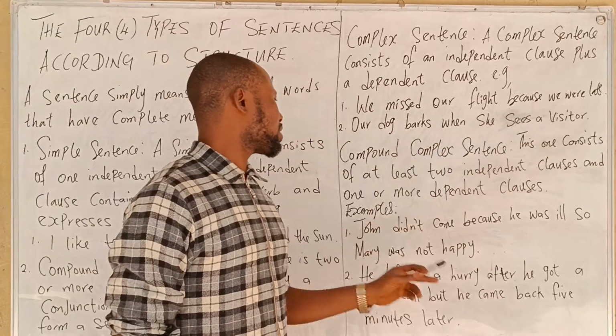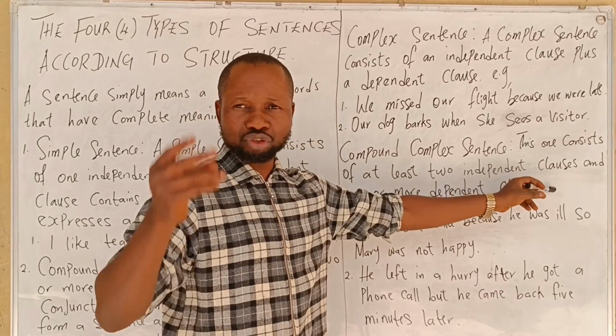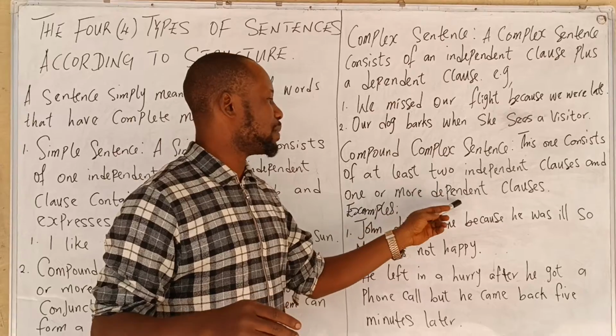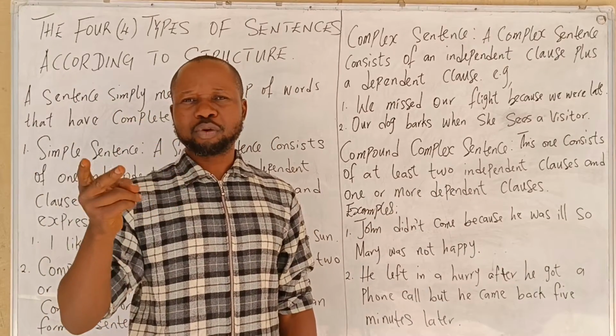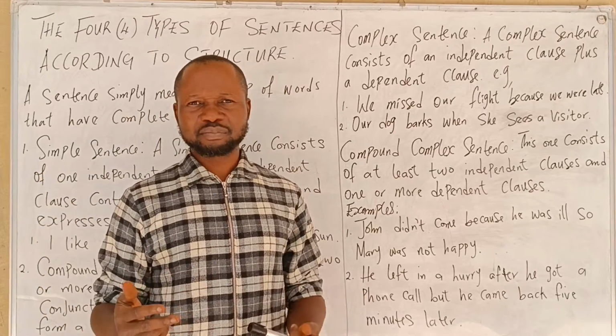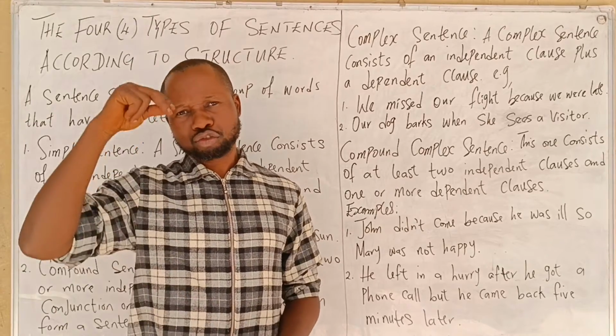This one consists of at least 2 independent clauses and 1 or more dependent clauses. As I say, 2 independent, 1 or more. But in order to balance the equation, it depends on how creative a writer is. You can make it 2, but at least 2 independent.